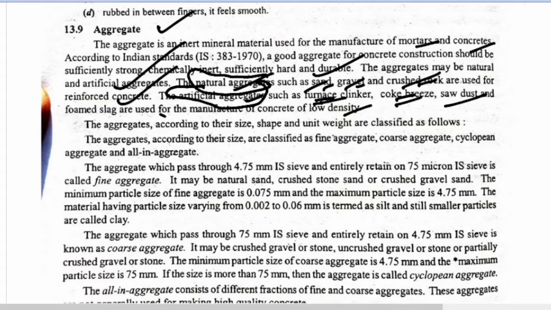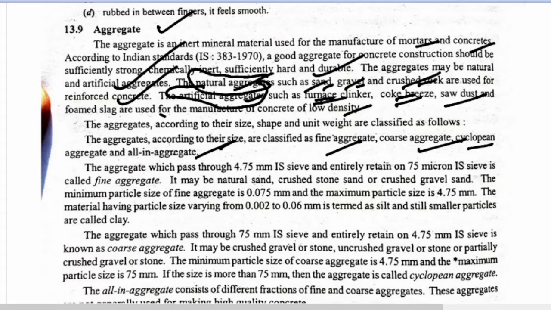The aggregates according to their size are classified as fine aggregate, coarse aggregate, cyclopean aggregate and all-in aggregate.